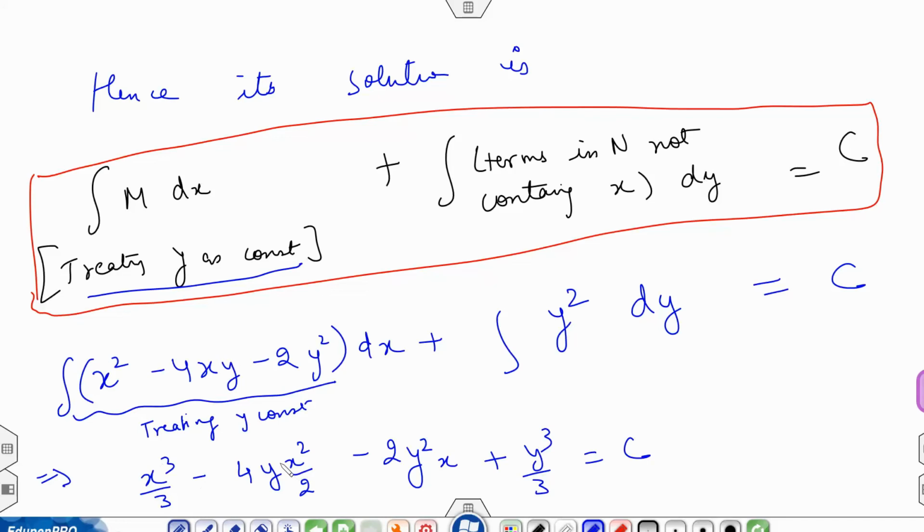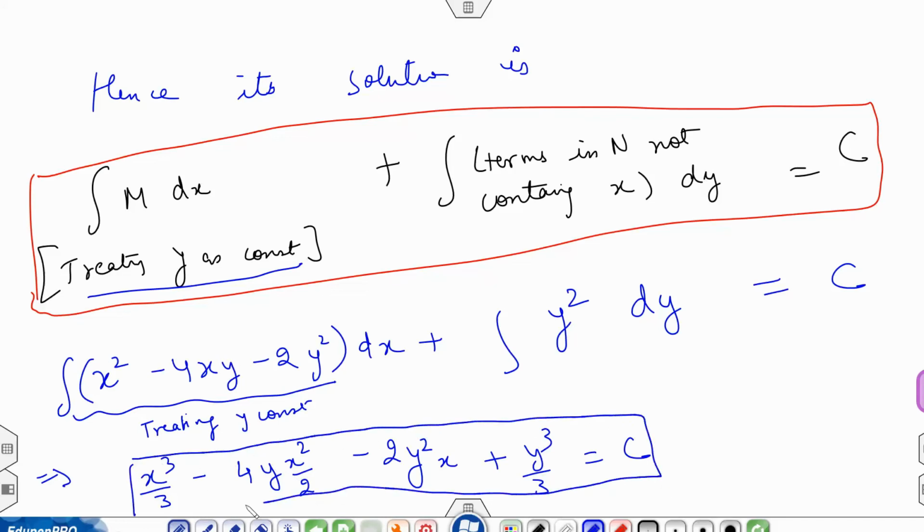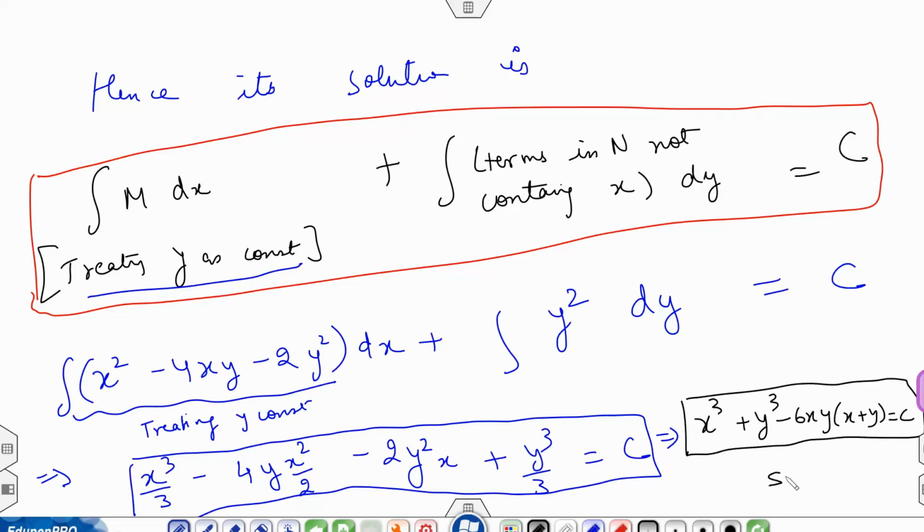If you want to simplify this more, the final solution will be x cube plus y cube minus 6xy times x plus y equal to c. So this will be the solution of your exact differential equation.